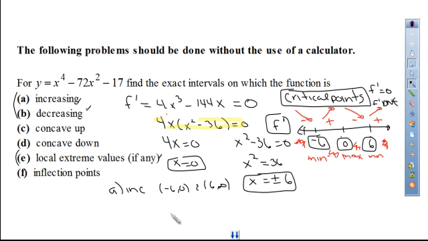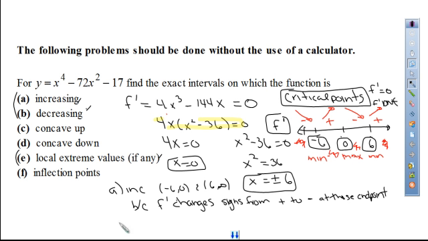And if they ask you why am I increasing? I'm increasing because the first derivative changes signs from negative to positive. Where am I decreasing?